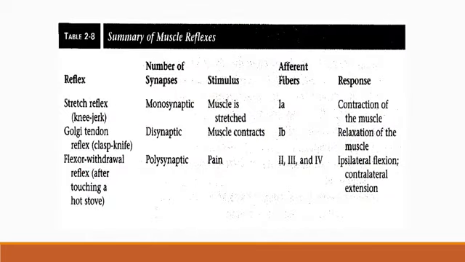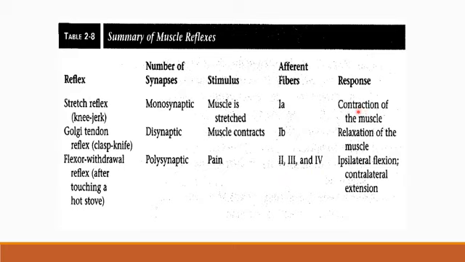So the summary of the muscle reflexes we have seen today: stretch reflex, Golgi tendon reflex, and flexor withdrawal reflex. There is a different number of synapses in each of the reflexes, and the stimulus for the stretch reflex is stretching of the muscle, for the Golgi tendon reflex it is muscle contraction, and for flexor withdrawal the stimulus is pain. And the afferent fibers are 1A, 1B, and 2, 3, 4 in the flexor reflex.